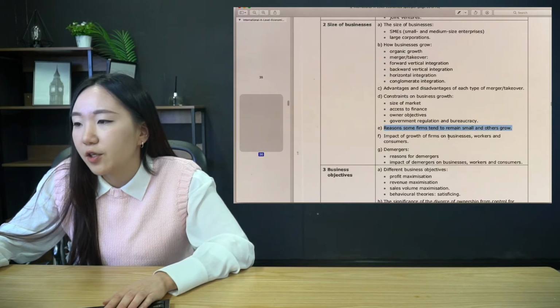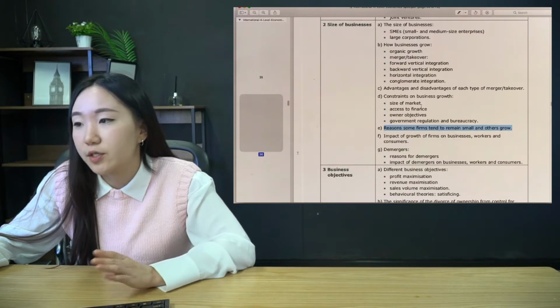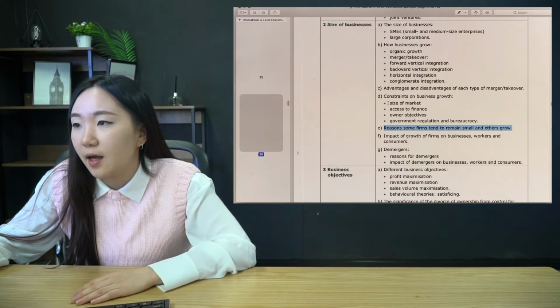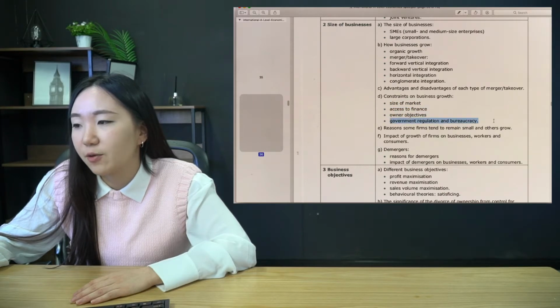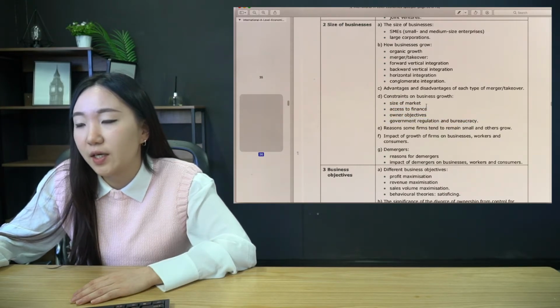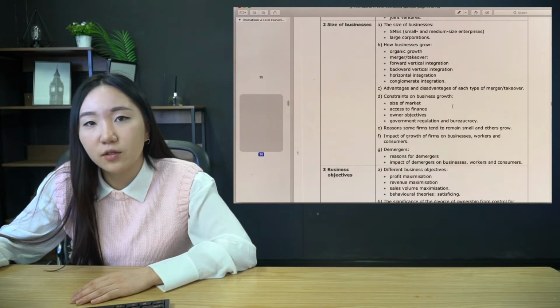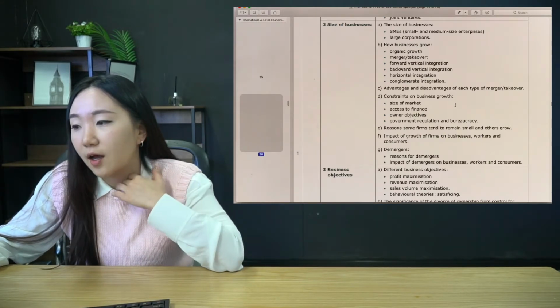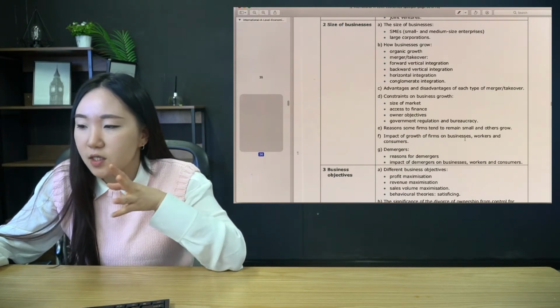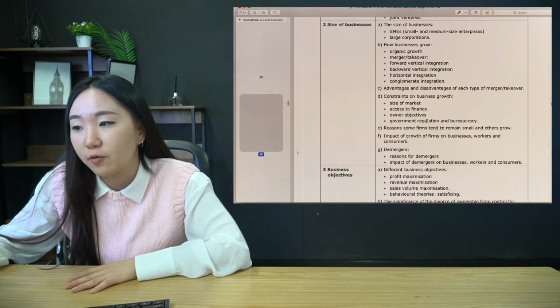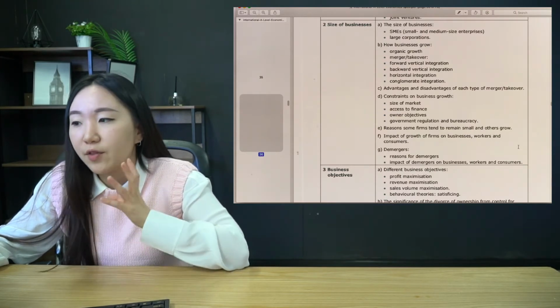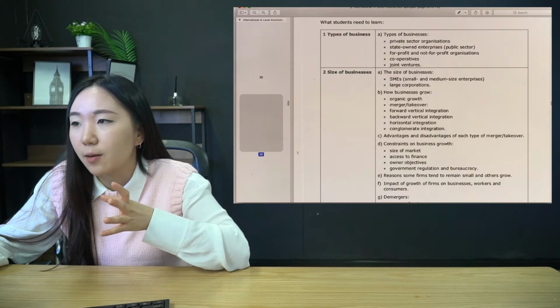If you look here, it really already gives you the structure it wants. So it's basically going to be size of market, access to finance, owner objectives, government regulation and bureaucracy. And you can literally categorize your essay just like that. There are, of course, other ways to do it, and I've done it slightly differently, but that would be one really good way to do it. So whatever the question's asking you, remember, it has to come from somewhere in here.